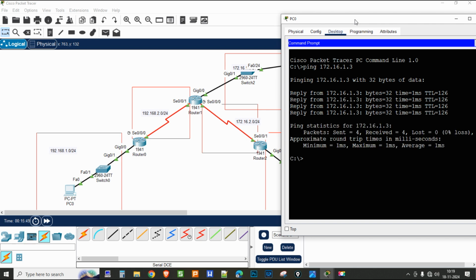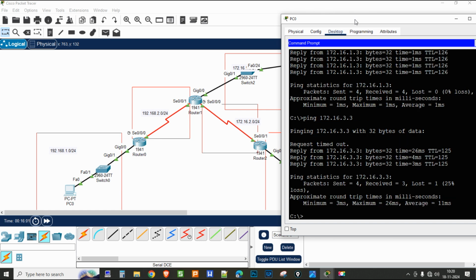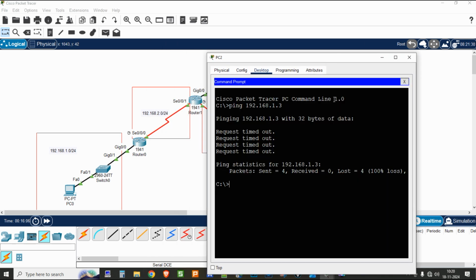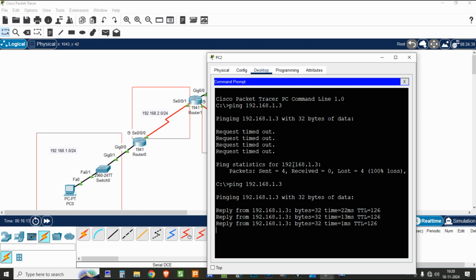I am able to reach the 1.2, 1.3, then 3.3. It takes time to understand the path. Now we check all the configurations, all the endpoints. It is reachable. Previously it was not reachable. Now you can see 1.3 is reachable.